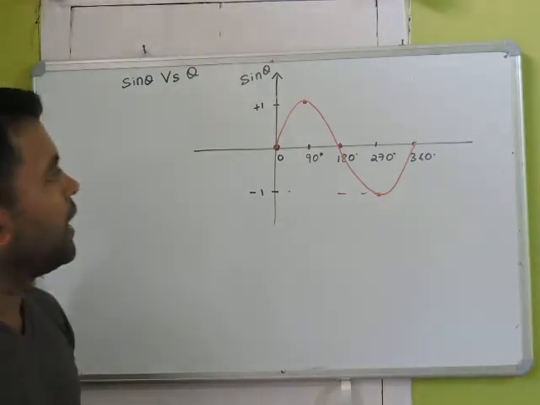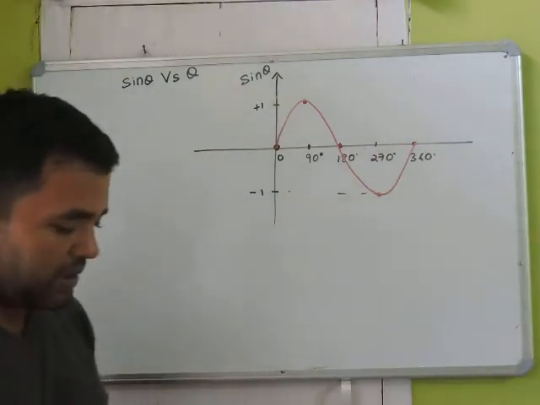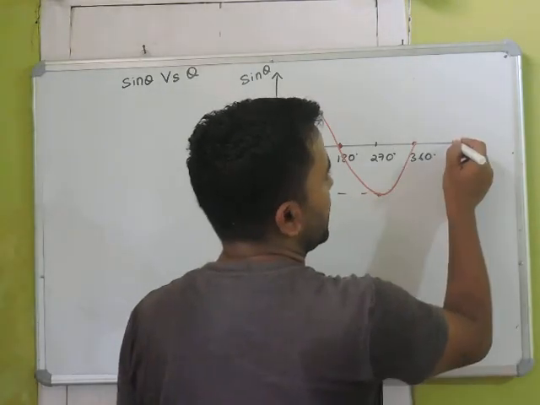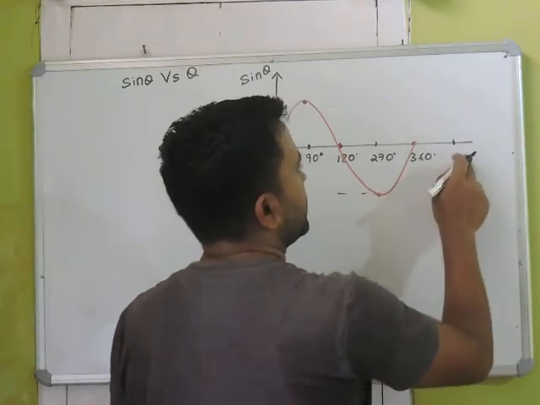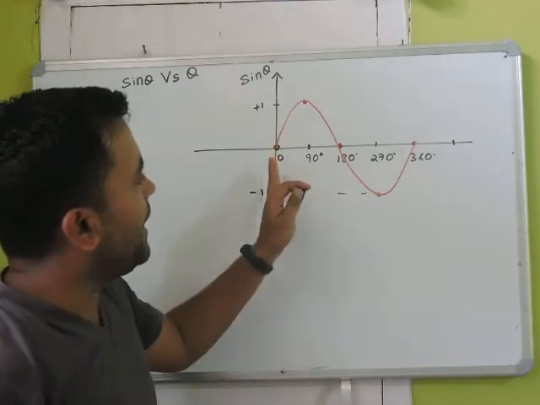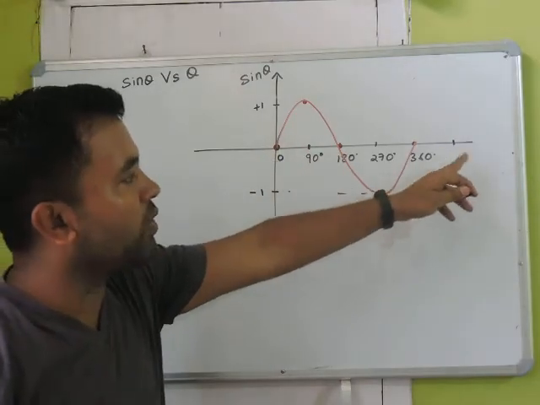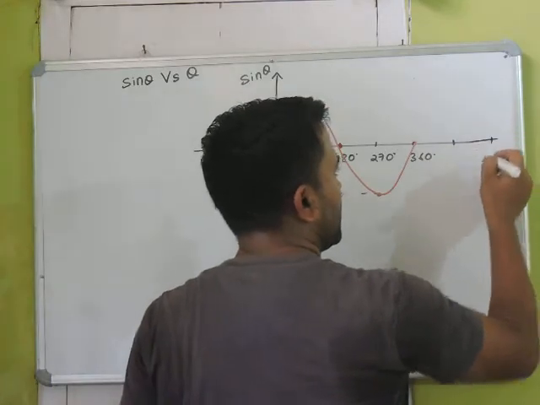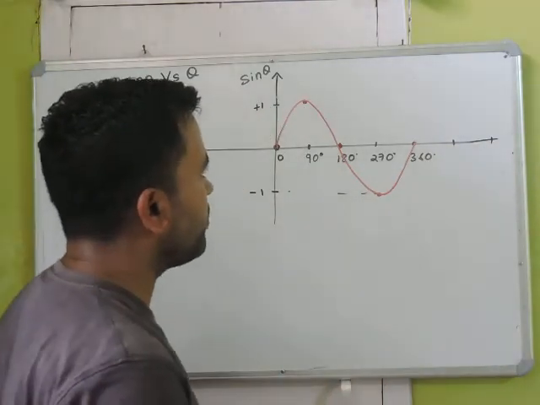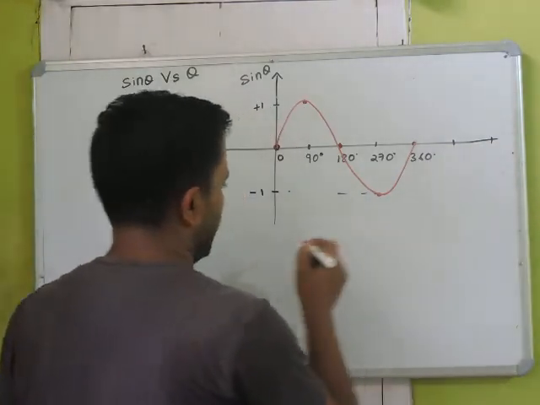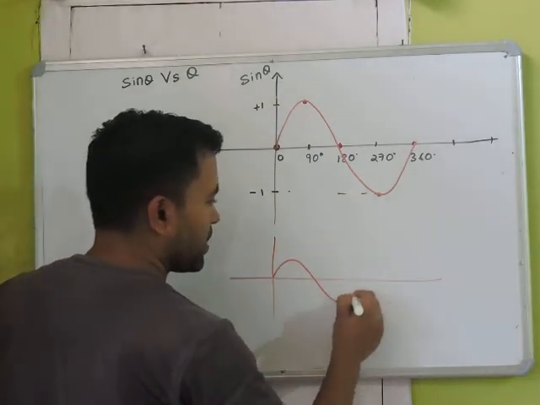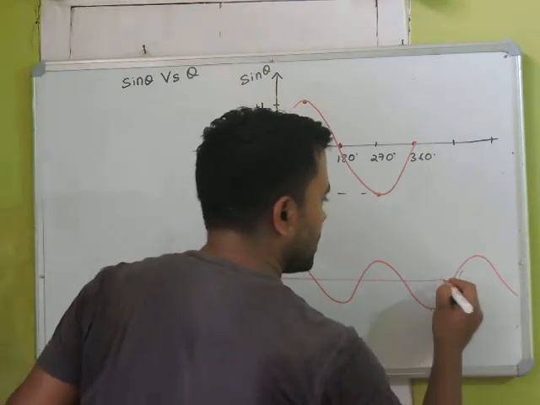Now of course it does not stop here. After 360 degree, we are adding 90 degree at a time. So the same function, if I draw it in a simple way, goes like this, right?